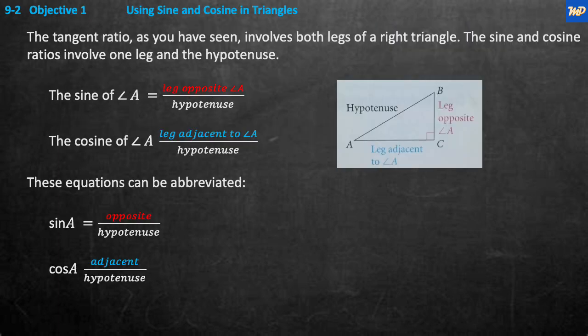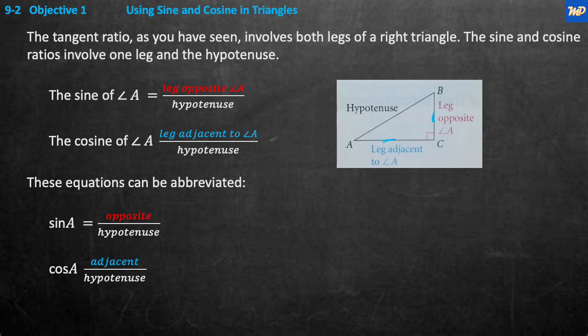Okay, objective 1, using sine and cosine in triangles. We're going to repeat the same thing we just saw in the definitions, because this is where the definition came from. A tangent ratio, as you had seen, involves both legs of a right triangle. The sine and cosine ratios involve one leg and the hypotenuse. When we're doing tangent, we use the leg opposite divided by the leg adjacent.